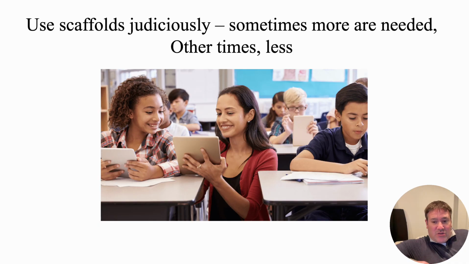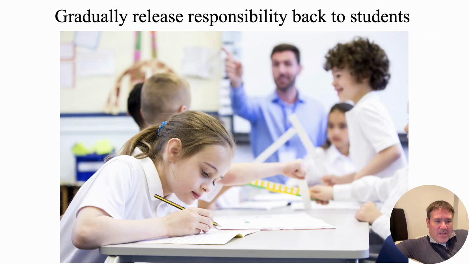Remember that students with disabilities often need accommodations, modifications, scaffolds, but they don't always. And so I need to be judicious and thoughtful and planful about when, who, and how much of each scaffold is needed. I don't want to think that the scaffold or the adaptation is needed and will be used in perpetuity.